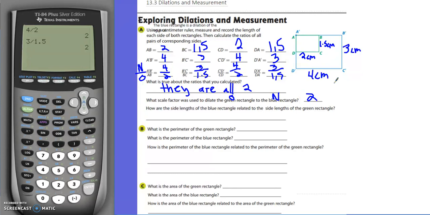How are the side lengths of the new rectangle related to the side lengths of the original? Okay, well, they are twice as long. So the new side lengths are twice as long.